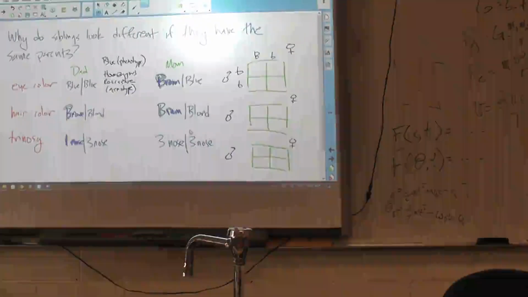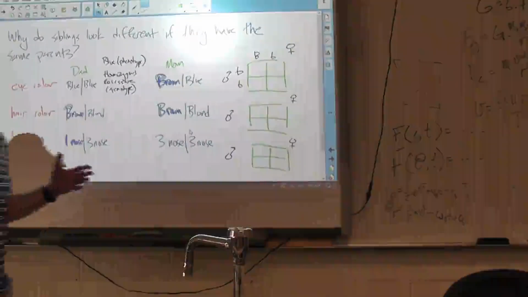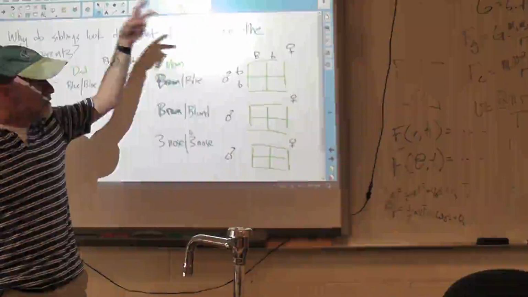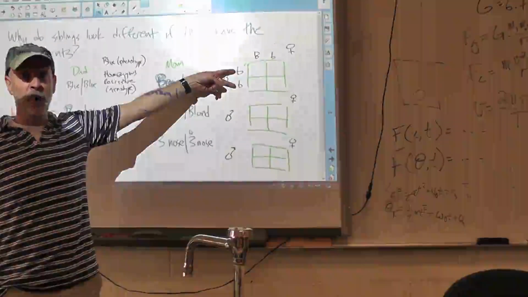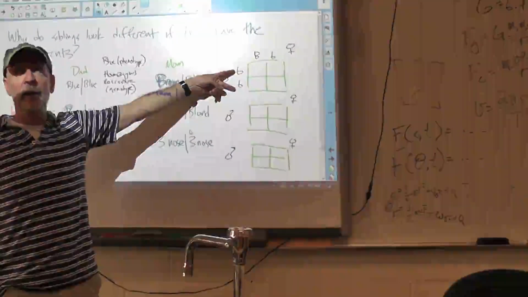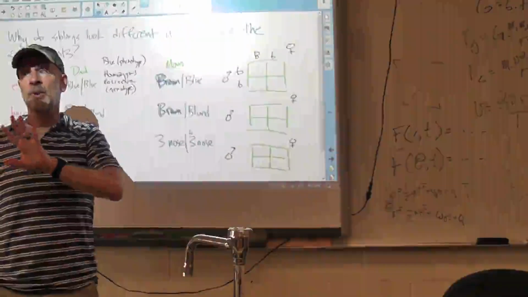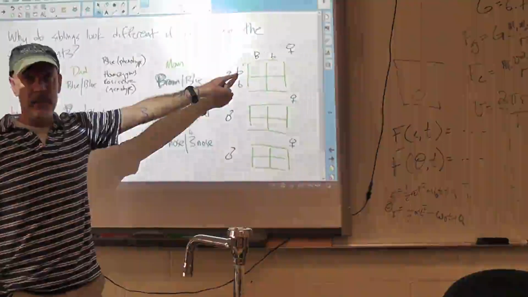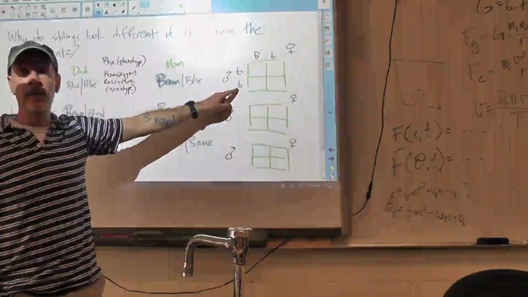And this is where we get into, like, what is this Punnett square showing? It's showing that during meiosis, dad's pair of chromosomes with the eye color gene on them are going to split. There will be 4 gametes produced in meiosis. 2 of them will have this little b, 2 of them will have this little b.